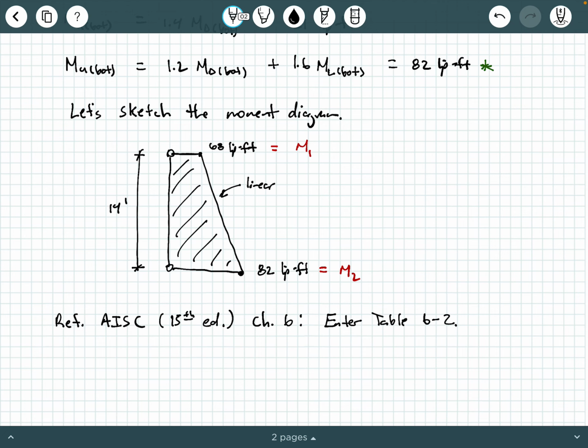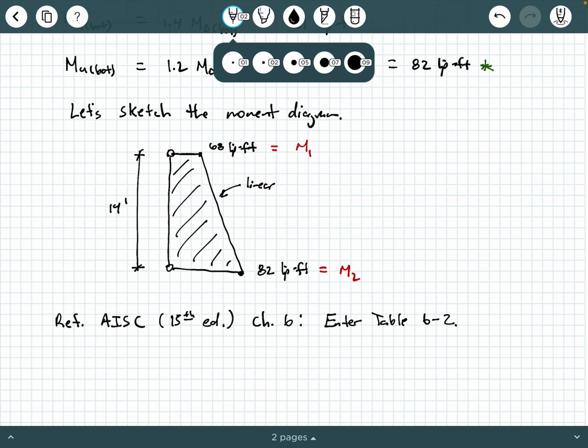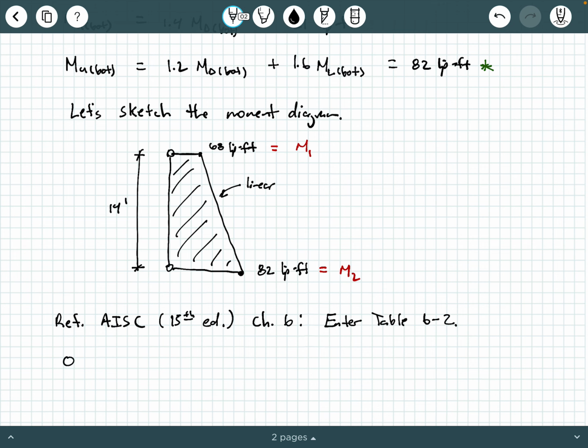So I'm going to go to a 14-foot length, and for 14 feet, I'm going to read off a phi b Mn as 345 kip feet, okay? So we're going to say phi b Mnx is 345 kip feet for an unbraced length of 14 feet, okay?